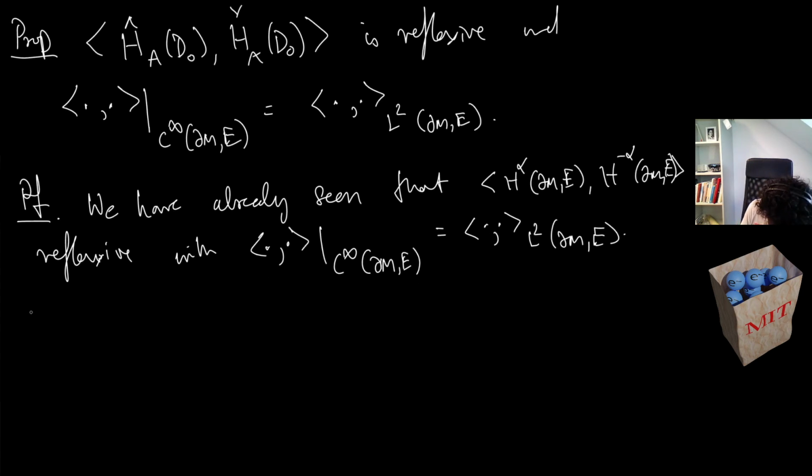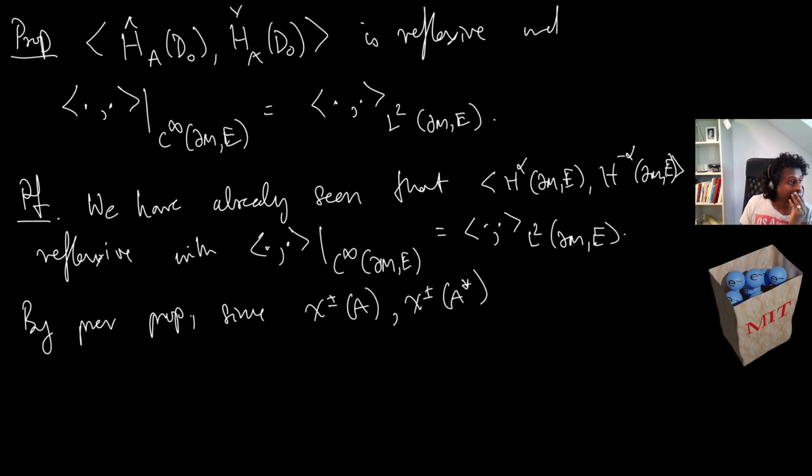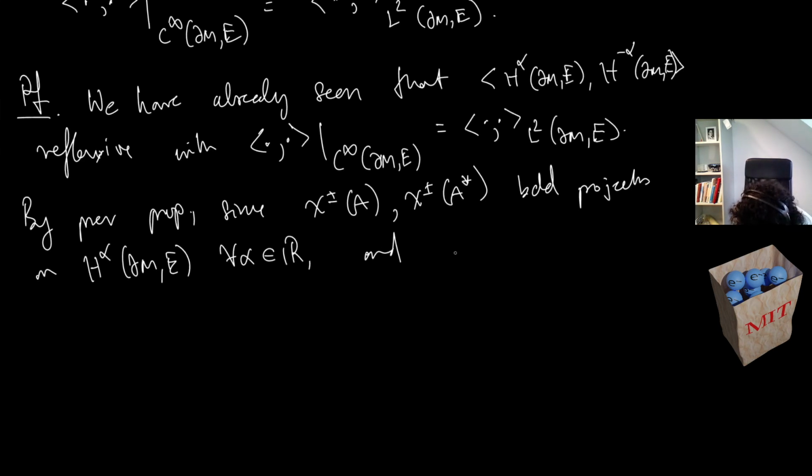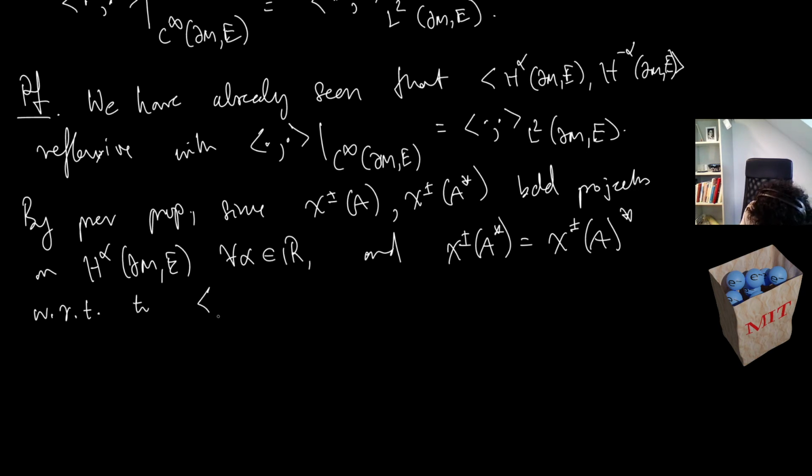Now, we had a previous proposition: since chi plus minus of A and chi plus minus of A star are bounded projectors on H alpha M for all alpha in R, the point is that chi plus minus of A star is actually equal to chi plus minus A star with respect to this pairing, because they agree on L2, right? That's the main point.